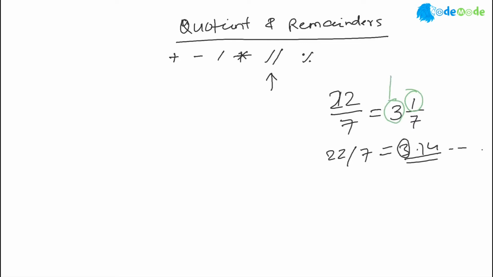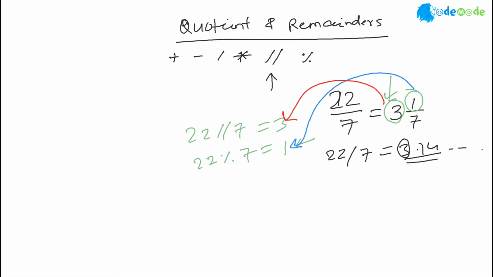So if you want to find this piece, you do 22 forward slash 7 and you get 3. If you do 22 percentage 7, you'll get 1 because this is the remainder and this is the quotient.